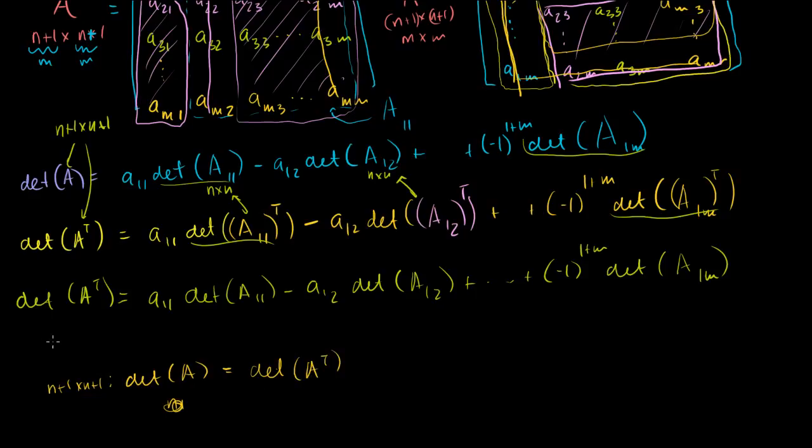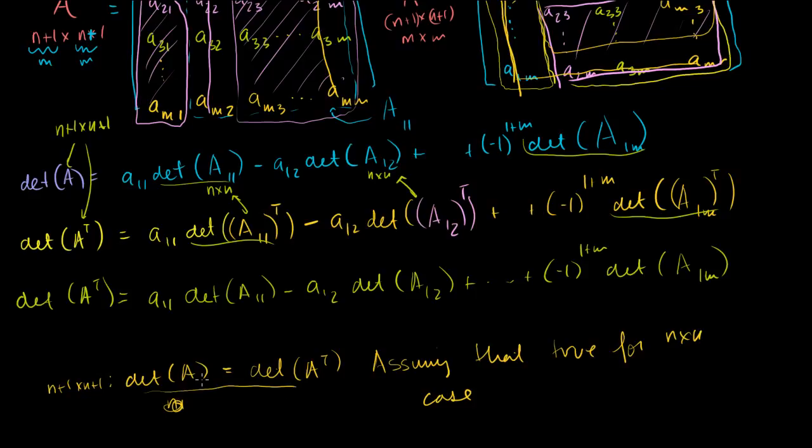And we got this assuming that it's true for the n by n case. And then we're done. We've now proved that this is true in general because we've proven the base case.